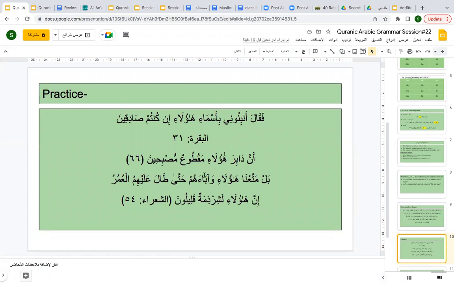Aba'a was matuf, right? And because matuf can show status like aba'uhum, aba'ihim, aba'ahum, I can tell that this is going to be haulai. What's the status of haulai? Nasb, right? Because waw transferred the status from haulai to aba'ahum. Inna haulai, again, it's now simple.